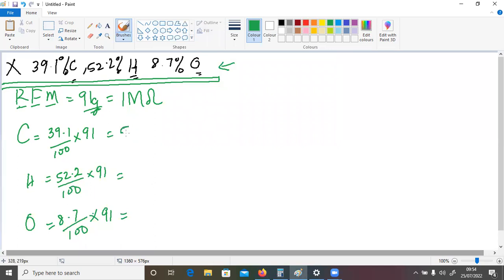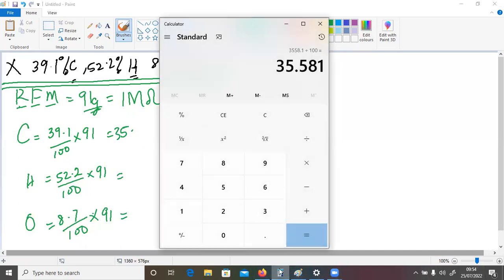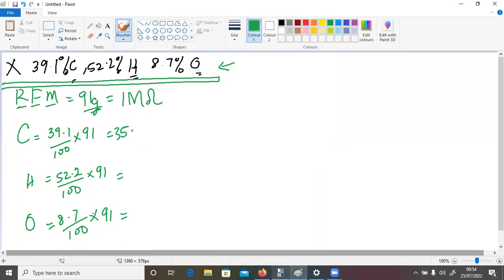So we are talking of 35.58, we'll do the approximation later, almost 36 grams.